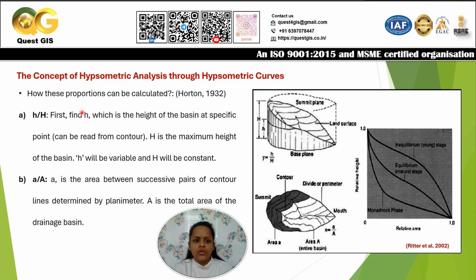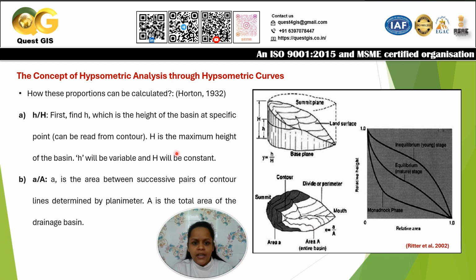So how are these proportions actually calculated? The method was given by Horton in 1932. First we find h. For example, we divide our drainage basin into different elevations using contour lines. These contour lines represent different elevation intervals. If I take the elevation at this point, that will represent my h value.